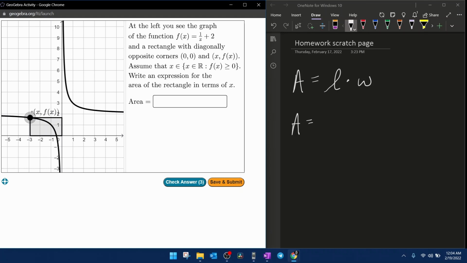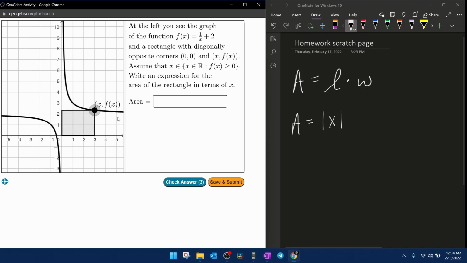The way we do that is with absolute value. So, depending on where your x-coordinate is, that's going to give you the length of the rectangle. We need the absolute value just in case the rectangle is over here on the left-hand side of the y-axis.